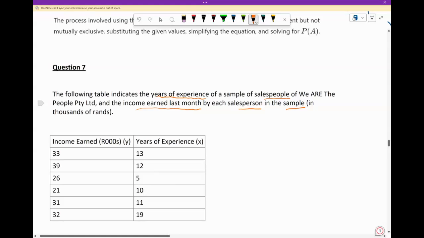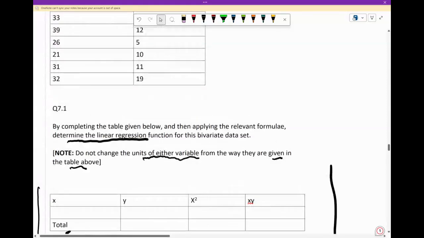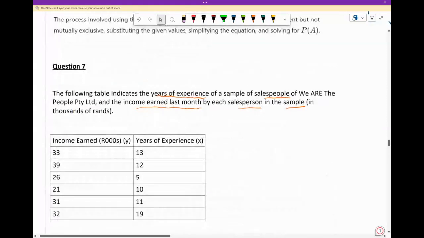Then they don't actually state the linear relationship you're trying to establish. But here, what you're trying to establish is whether there is a relationship between the income earned last month and the years of experience. Already, just looking at this data, you can kind of see the longer you've been here or the more experience that you have, the higher your salary.